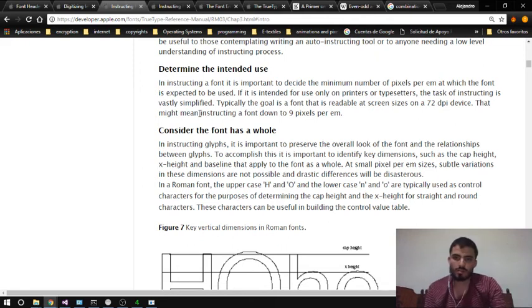At screen sizes on a 72 device pixels. That might mean instructing a font down to 9 pixels per EM.